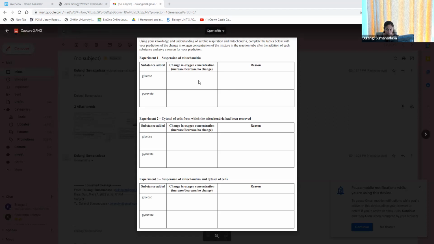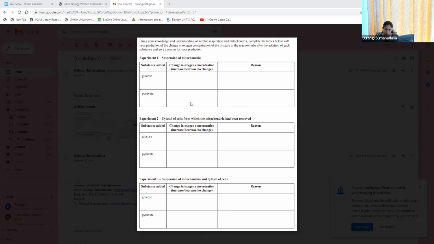So we are not using glucose in the Krebs cycle, so there's no change to the oxygen concentration. Because we don't have the proper pyruvate, we don't have the correct substrate.